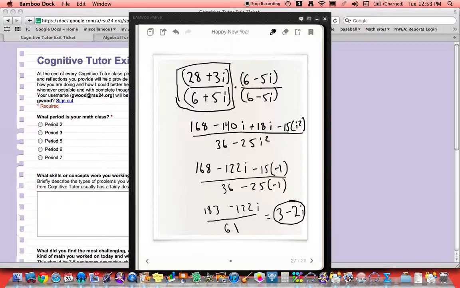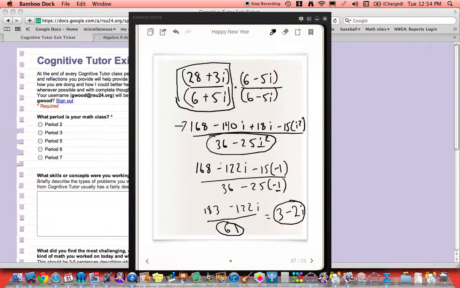When I FOIL those out, just like with the difference of two squares, I end up with 6 squared minus 30i plus 30i, gone away, minus 25i squared. And since we know that i squared is negative 1, this ends up as 36 plus 25, or 61. FOIL out the top, and we get these four terms.